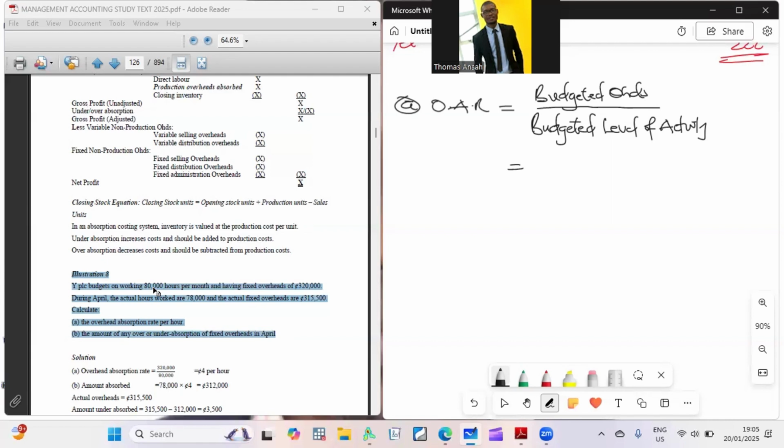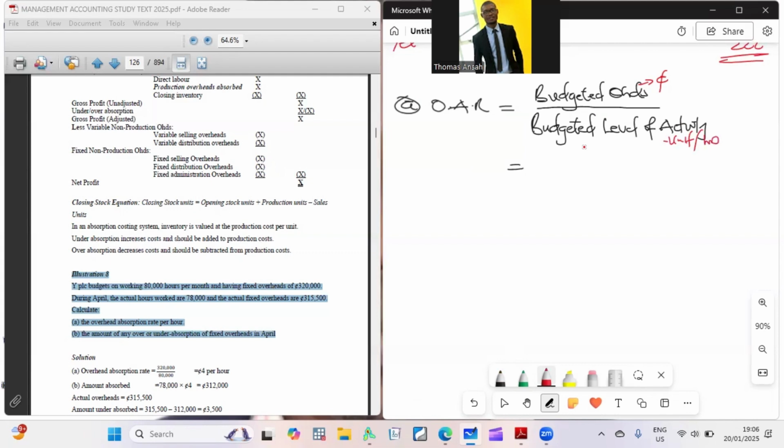That is the budgeted level of activity, that they want to work 80,000 hours per month, having fixed overhead of 320,000. One thing that will help you is that the top side will always be in value, and the bottom side will always be in units or labor hours.